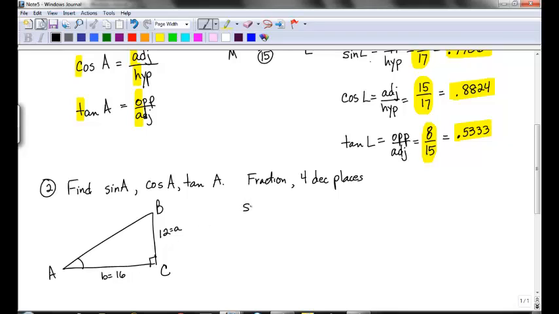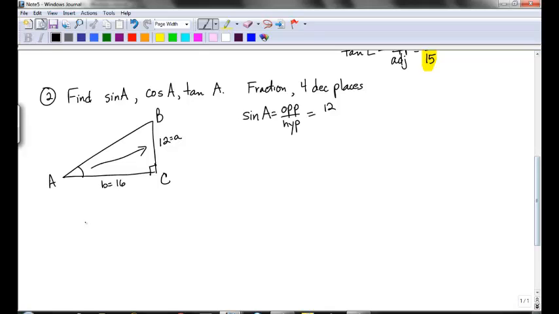Now, when you write out, I need sine of angle A is opposite over the hypotenuse. That's the definition of sine. And opposite of angle A is 12. Now, here's where you're stuck. You have got to figure out the hypotenuse, so that's the Pythagorean theorem. You go to a squared plus b squared equals c squared.